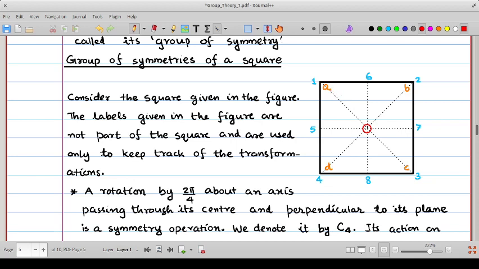They are simply given there so as to keep track of various transformations, the changes that happen to this figure under various transformations that we are going to consider. And we have also specified some indices for the locations with the purpose of identifying what happens under a particular symmetry transformation.